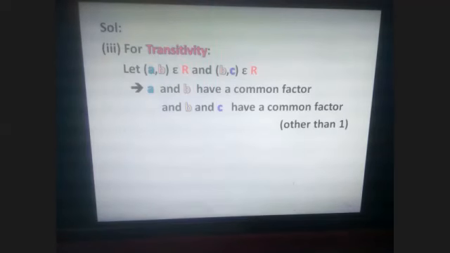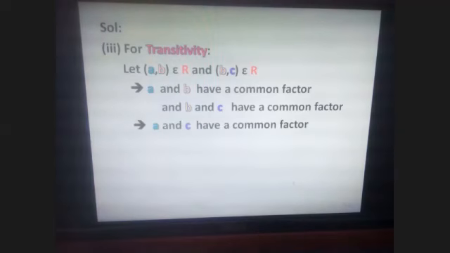Any question, you please respond immediately. Well, that means a and c have a common factor. Okay? Agreed? Hello? Yes, agreed?